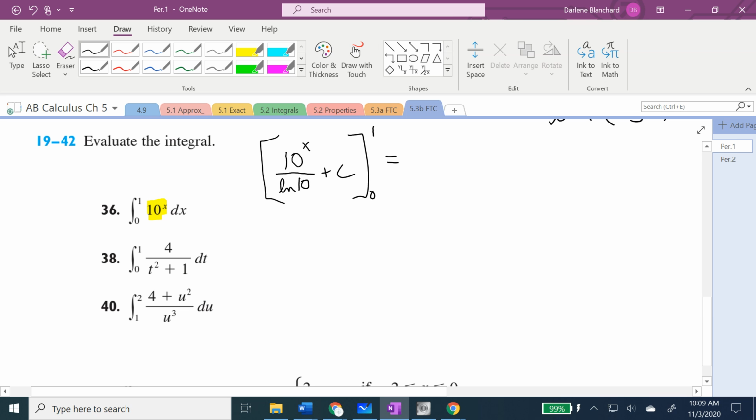The plus c is going to take itself out. And I end up plugging 1 in minus, what is 10 to the 0 power? And then I can even simplify that a little bit more.